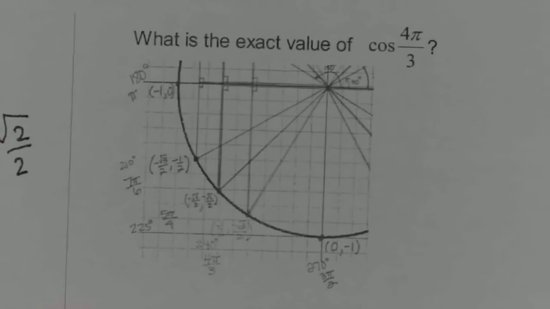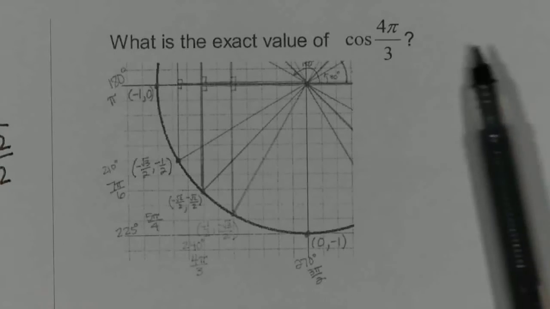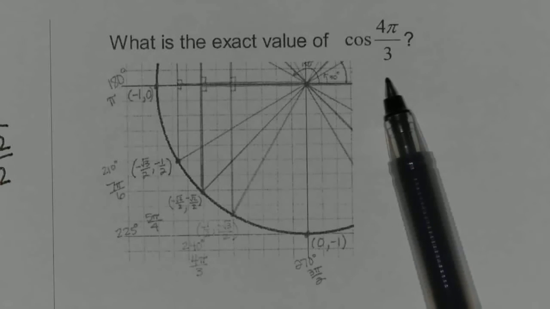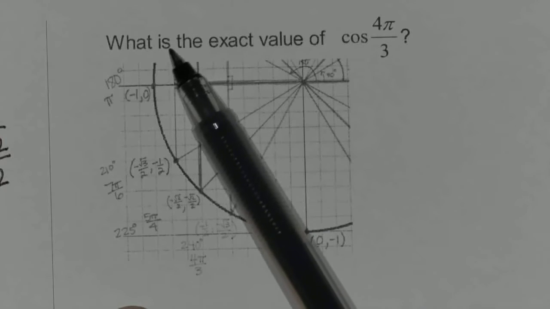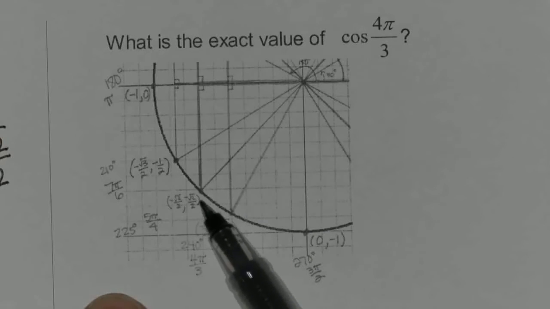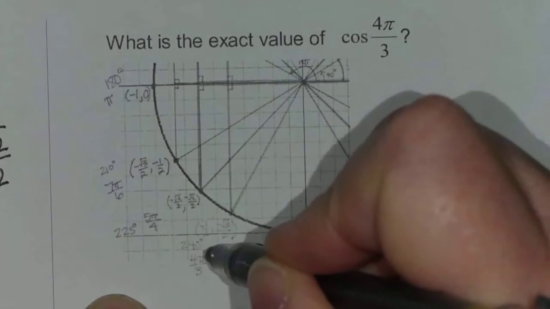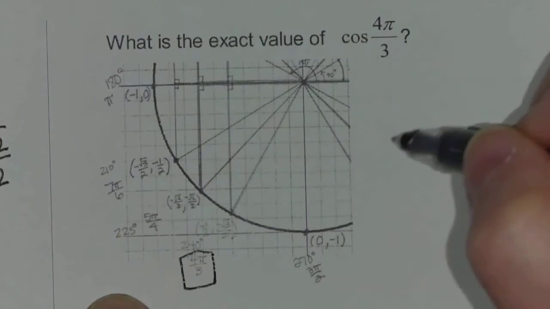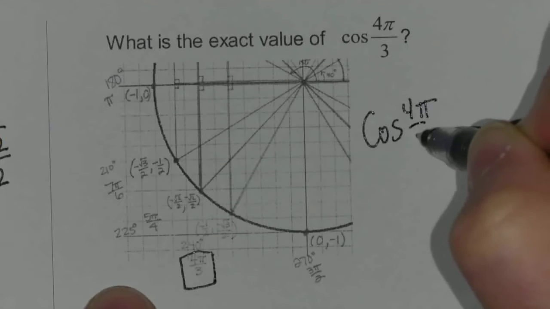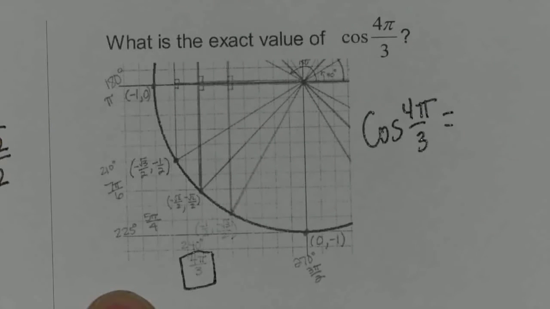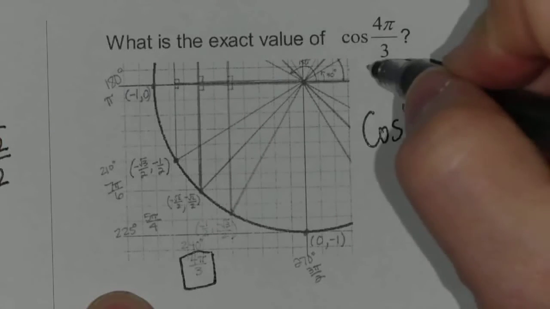All right, next example, find the cosine of 4 pi over 3. So they only gave you the quadrant that 4 pi over 3 is in, but if you go and find 4 pi over 3, it's right here. And I'm doing the cosine. So the cosine of 4 pi over 3 is the x value, right?